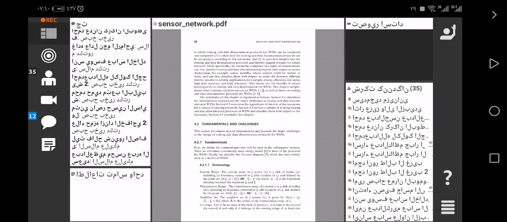This is the sensing range. So the sensing range is the area in which a sensor can detect any changes of a physical parameter.